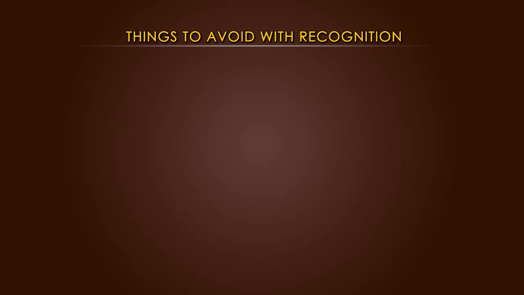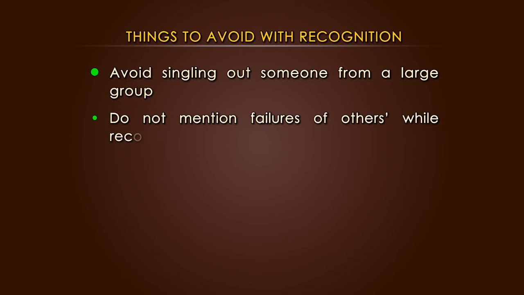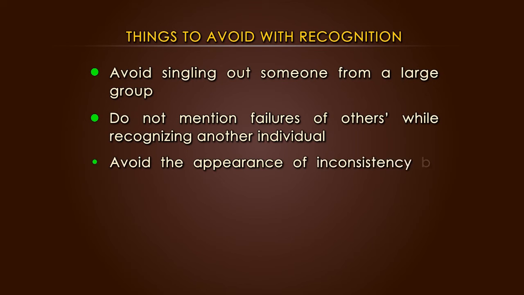The following points should be avoided when recognizing a student. They are: avoid singling out someone from a large group. Next, do not mention failures of others while recognizing another individual. Next, avoid the appearance of inconsistency by showing fairness.